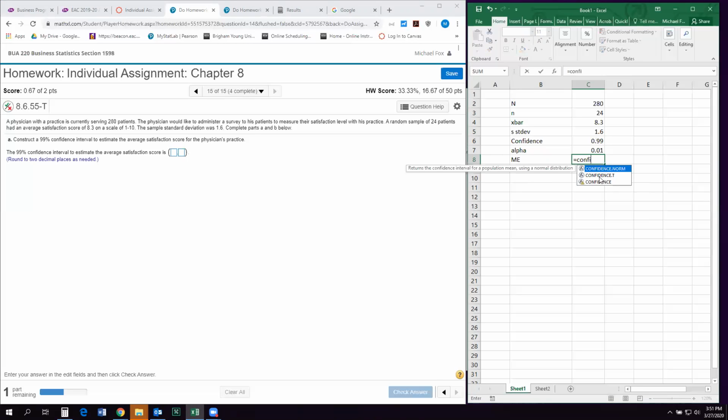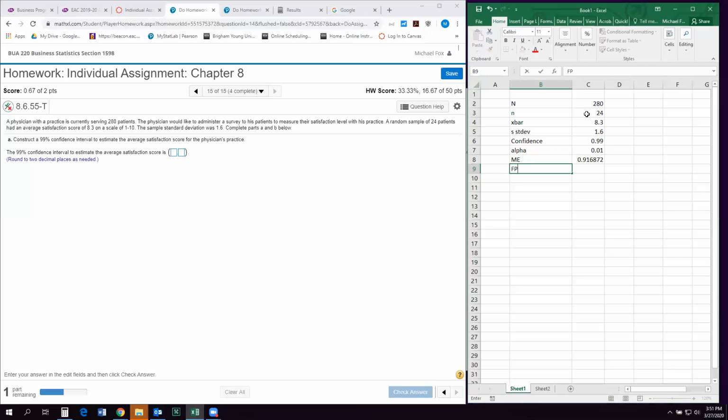If we knew the population standard deviation, we'd use confidence.norm. And it's our alpha, our standard deviation, and our size, which is the sample size of 24. So there's our margin of error, and that would be awesome, except that we have a finite population here.